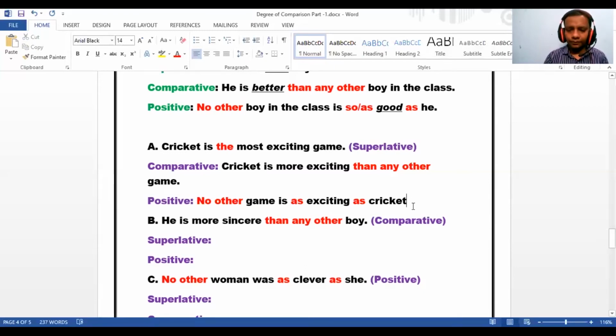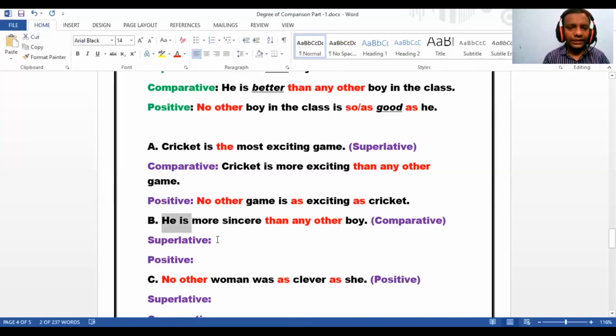Then number B: He is more sincere than any other boy. So here we have found than. So obviously it is a comparative form. In order to make it superlative, at first we have to write subject and verb.